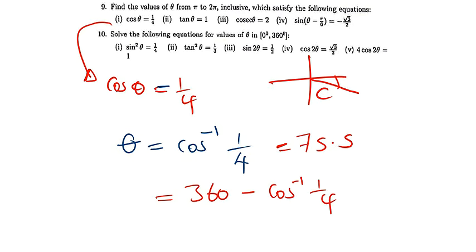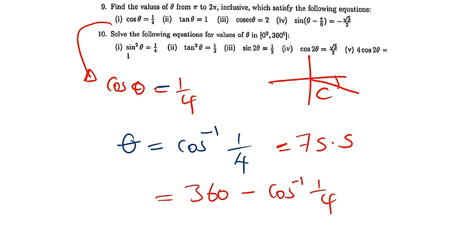Now I want to ensure that you're dealing with radians, so you may change your calculator to radians. Press mode and then mode again, and then option 2 as radians.